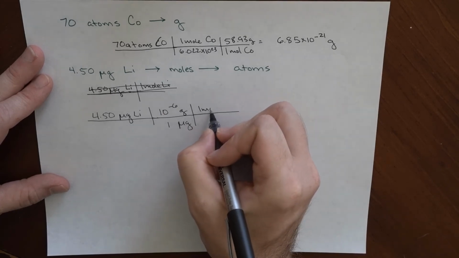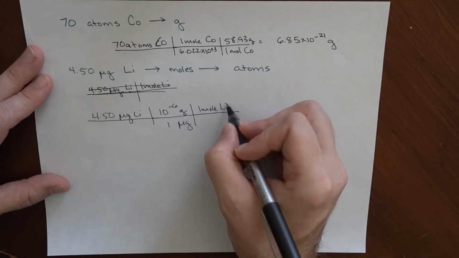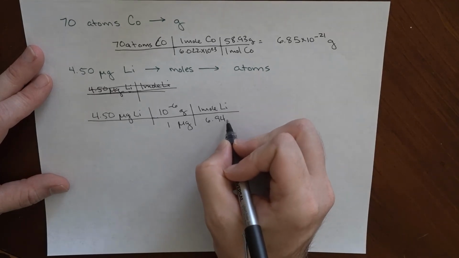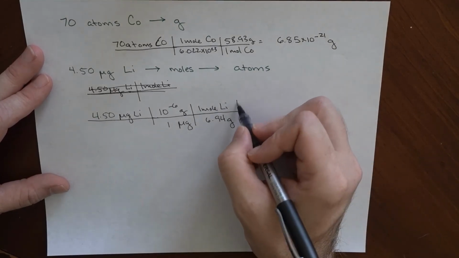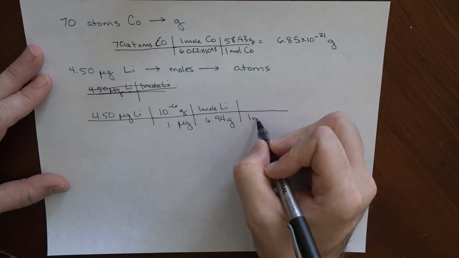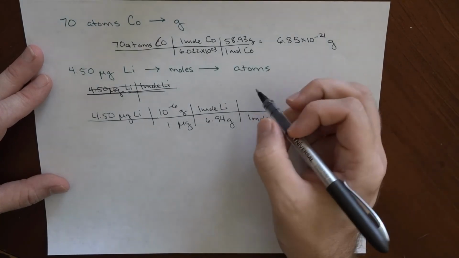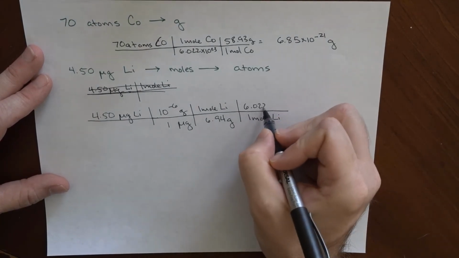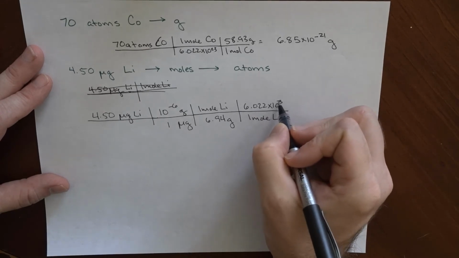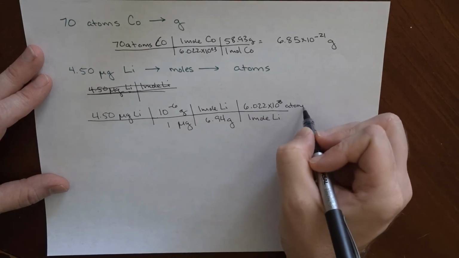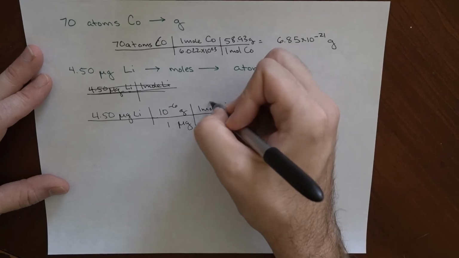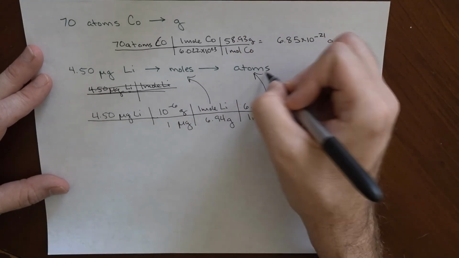And every mole of lithium has a mass of 6.94 grams, and every mole of lithium has 6.022 times 10 to the 23rd atoms. Okay, so at this point I can get moles from this and I can get atoms from this.